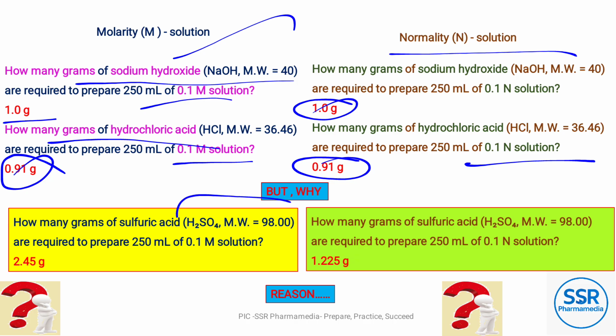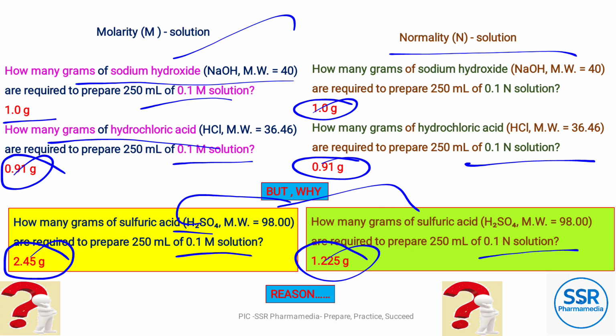But there is a difference in the preparation of H2SO4. H2SO4 has replaceable hydrogen atoms, so it changes the quantity. 2.45 grams are required to prepare 0.1 M molarity solution, and normality solution requires 1.225 gram.